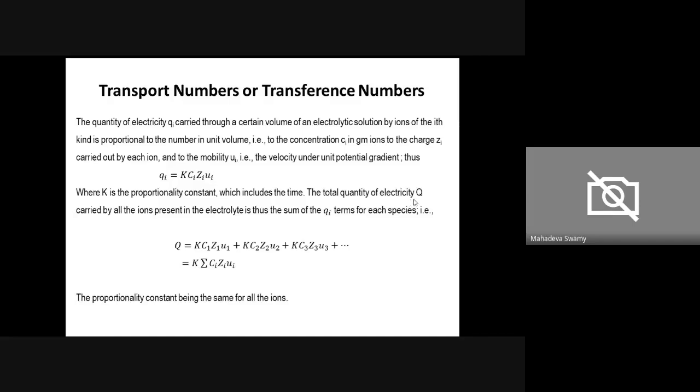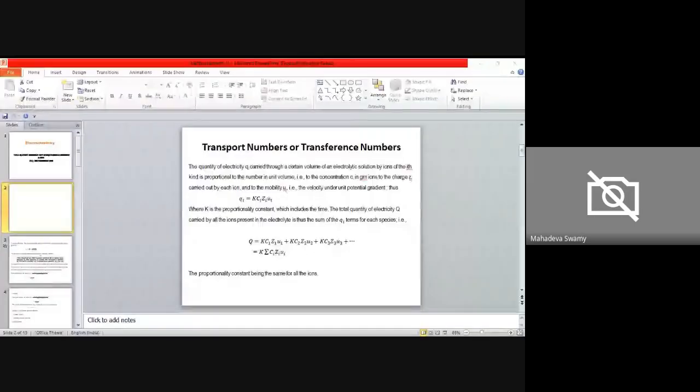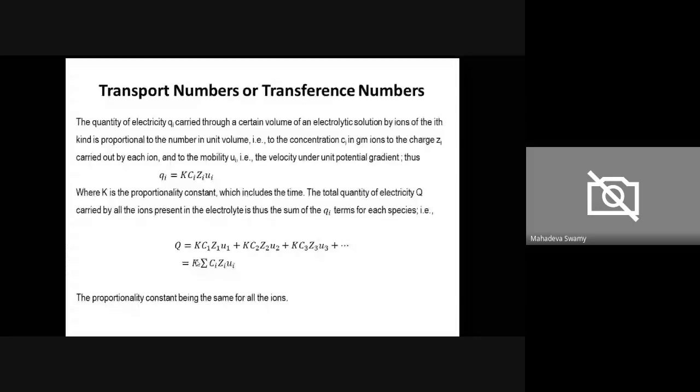The total quantity of electricity, total quantity Q, is K C1 Z1 U1 plus K C2 Z2 U2 plus K C3 Z3 U3.